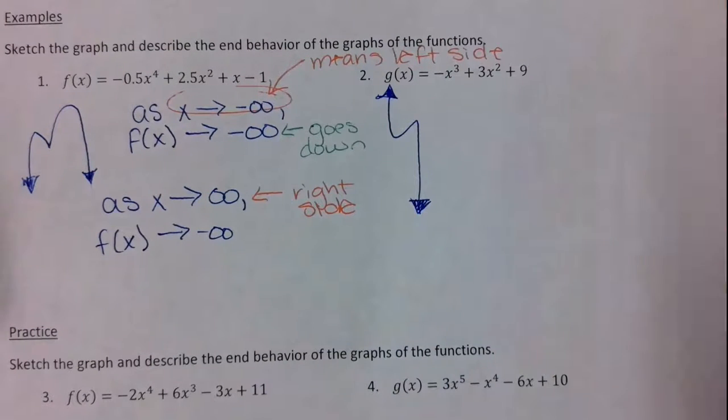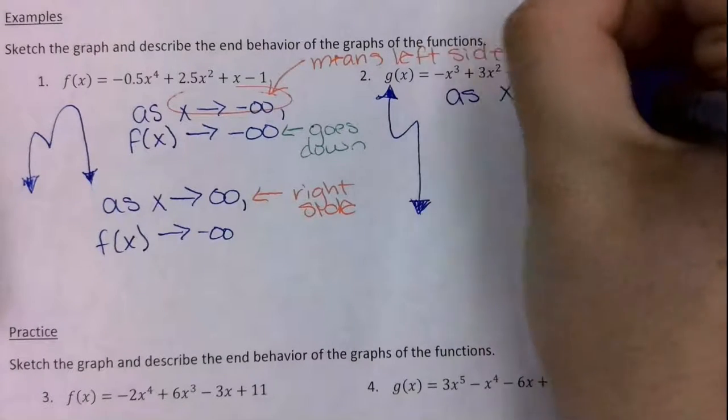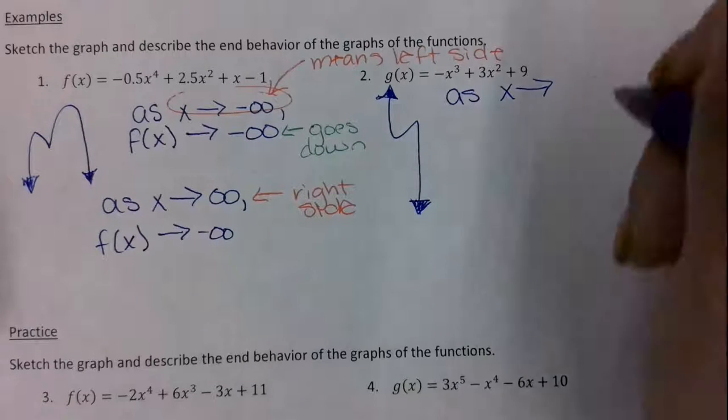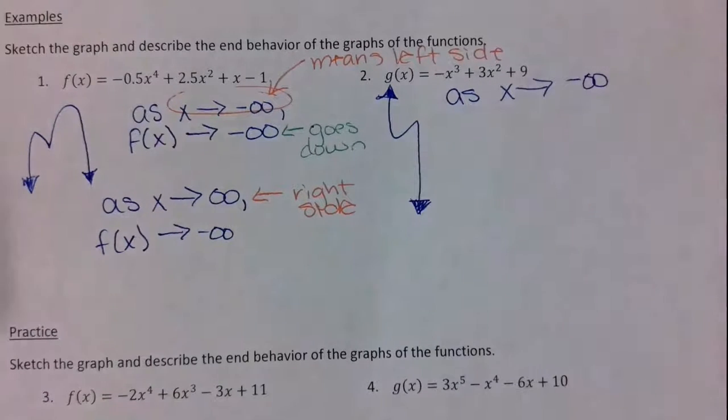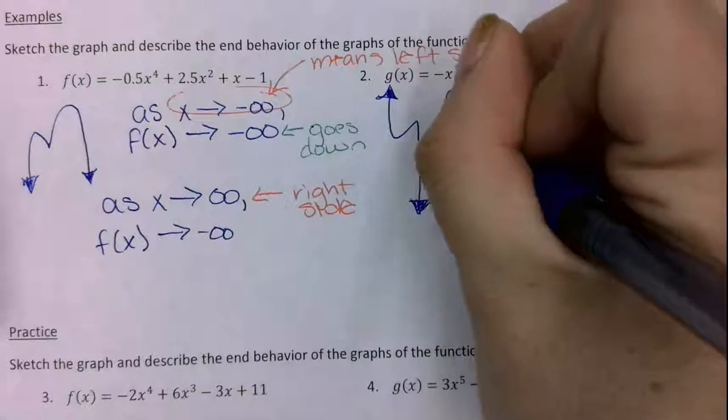Okay, so what should I write? As x does what? Negative infinity. You always start left to right because we read left to right. Okay. What is the graph doing on the left side? On the left side, it's going up. So I write the function name. This one is g of x.